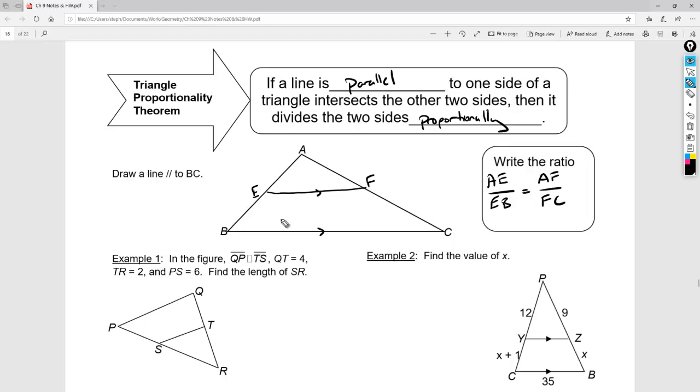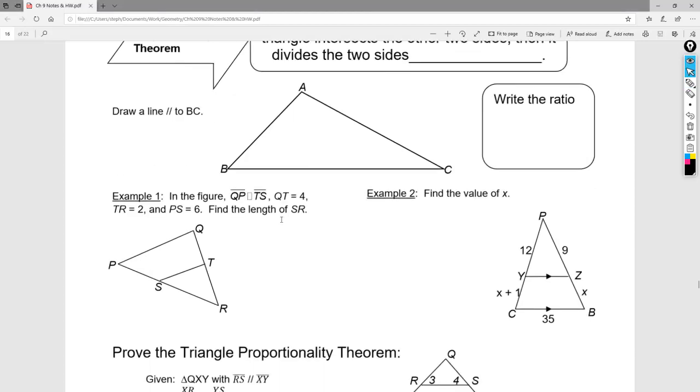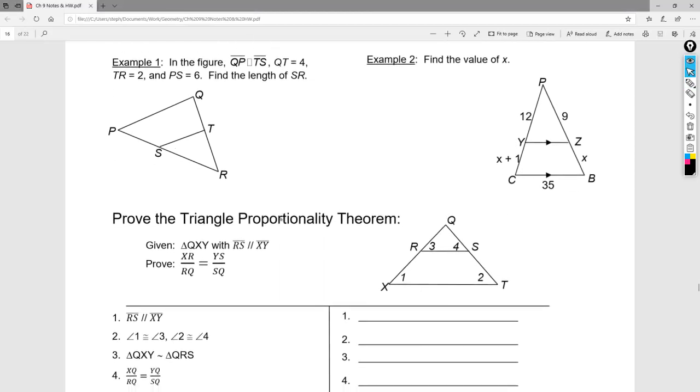Right, so I know that here, here, here, here, those will remain in proportion. You could also think about this as A to E is to A to F, as EB is to FC. There's literally tons of different ways you can think about this, but let's use our new theorem in an example.